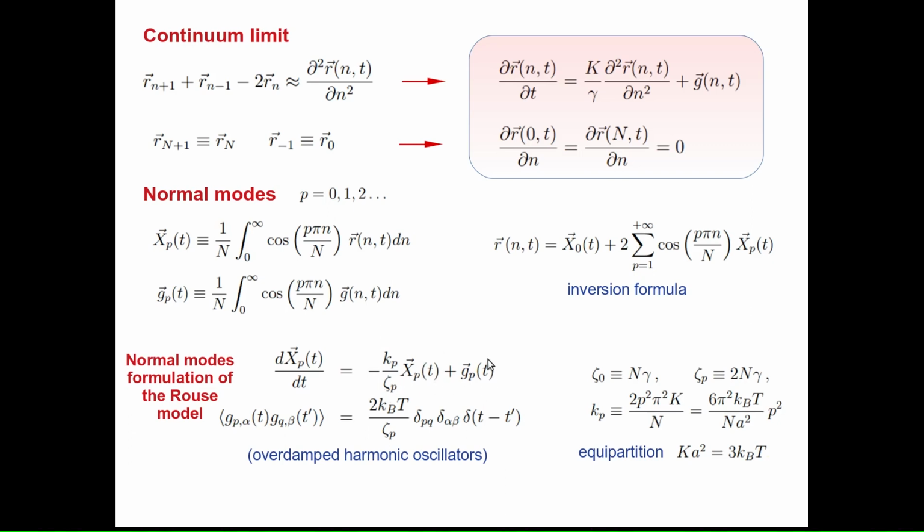The mode 0 is just describing free Brownian motion. The modes p equal to 1, p equal to 2, and so on, have increasing stiffness. When p increases, k of p is also increasing, so this stiffness constant becomes higher and higher as you go to higher modes.